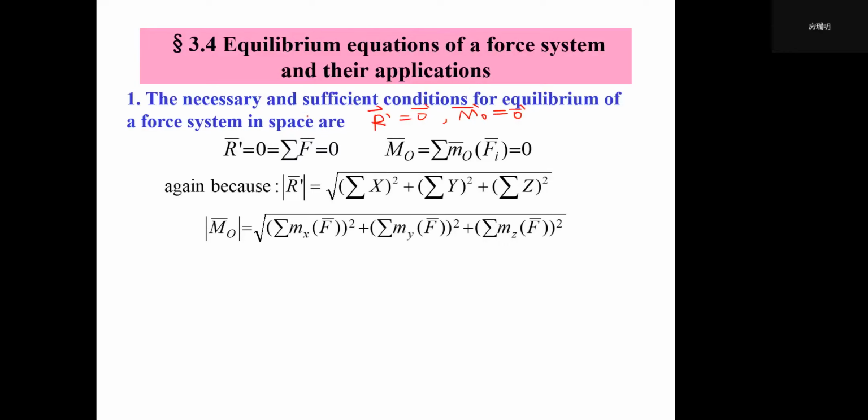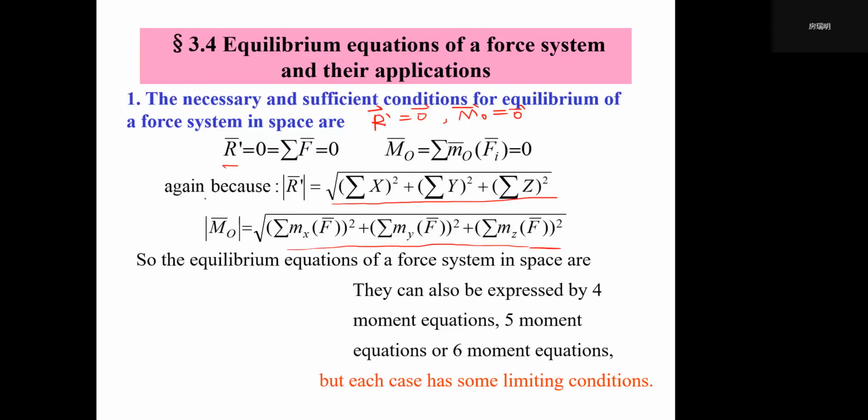That means the principal vector R prime equals 0, and the principal moment MO equals 0. So the magnitudes of R prime and MO should also be 0. This is just according to mathematical knowledge, right? Because R prime and MO are both vectors, they have 3 components, right?